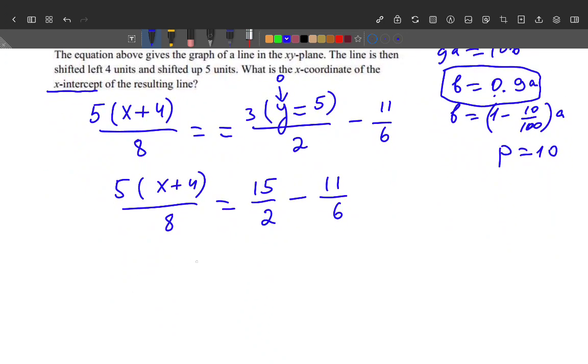Okay, then here 12, here 6. Sorry, the common denominator will be 6. Here 3 and 1. It's 45 negative 11.